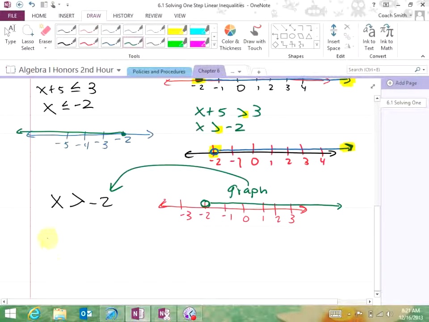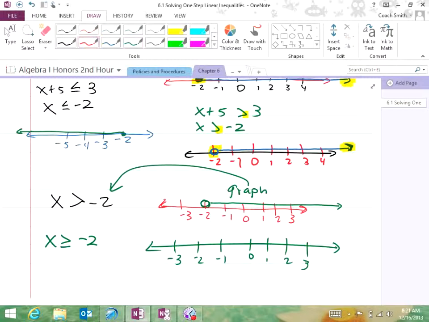If it was x greater than or equal to negative 2 and you want to graph that, it's the same thing, except now you would color the dot in, and it would go there.